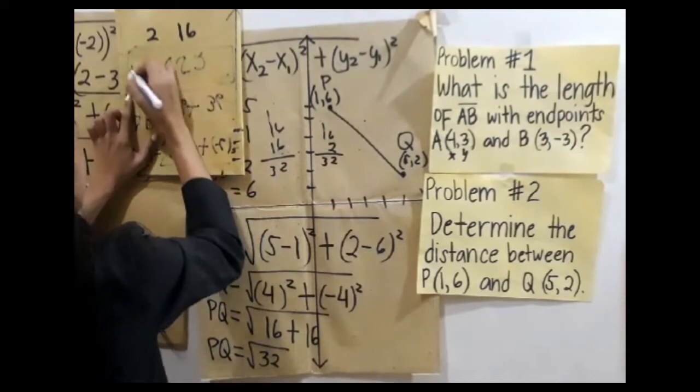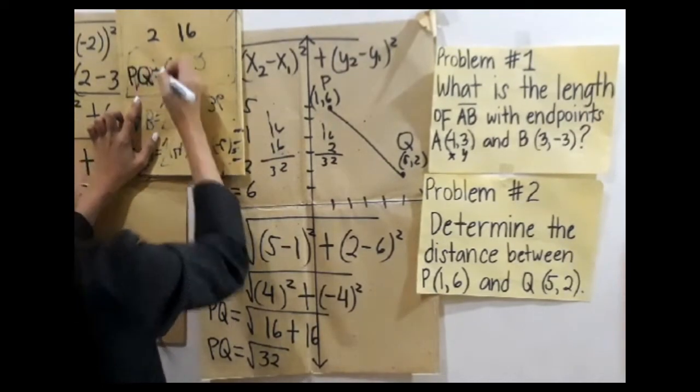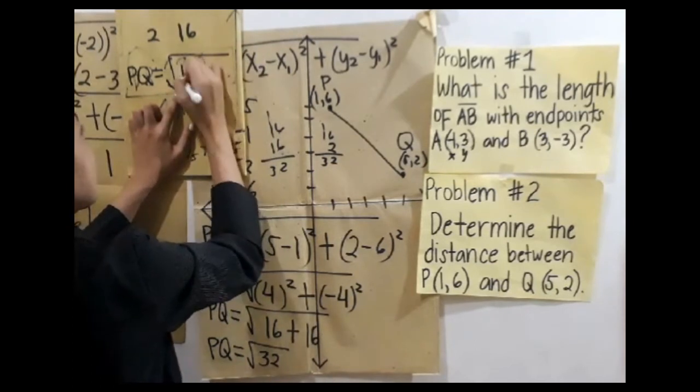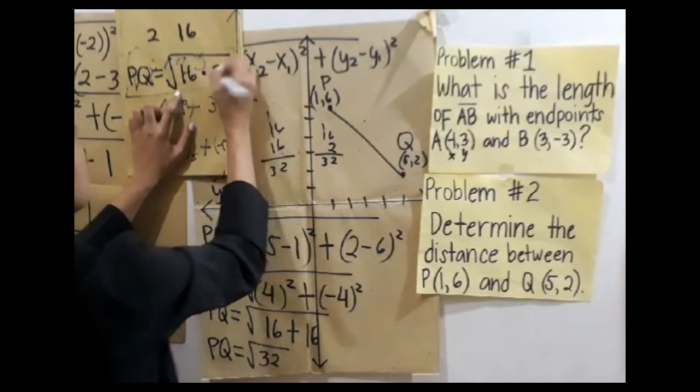So PQ is equal to the square root of 16 times 2.